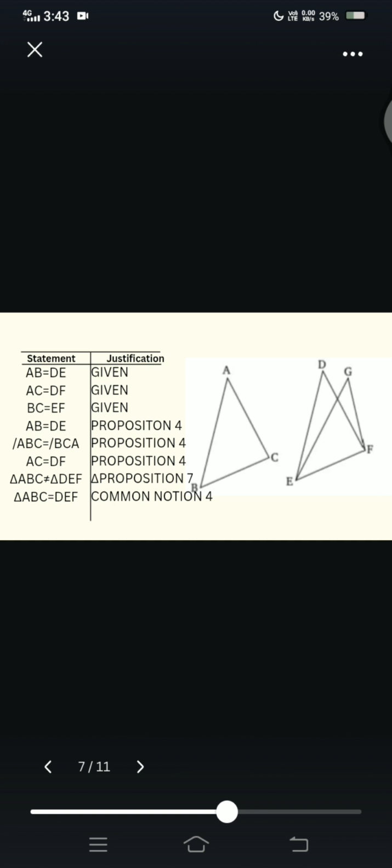So sabi rin na ang ating angle ABC and angle DEF is also equal. So then the triangles are congruent. And let's proceed to the proof by contradiction.